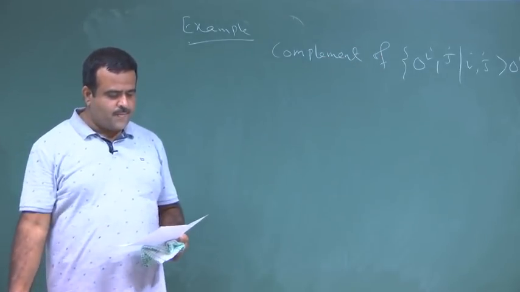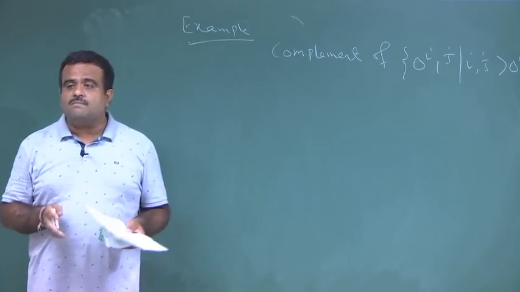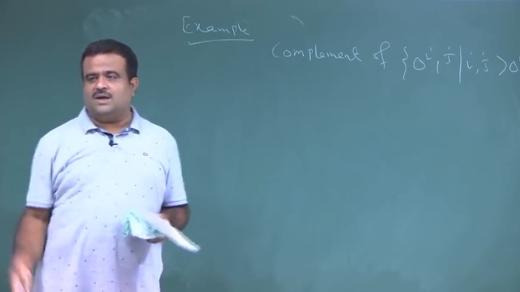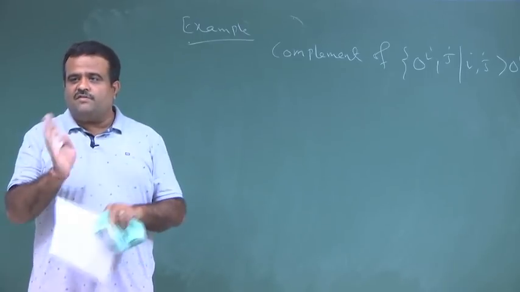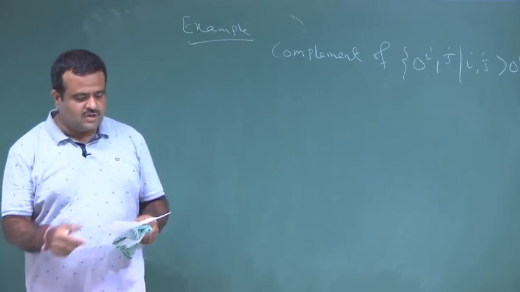Complement means the string is not of the form zeros followed by ones. There is no obvious way to find the complement in a context free grammar, so we have to use some trial and error.